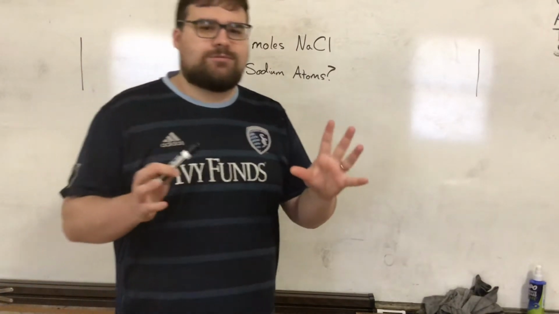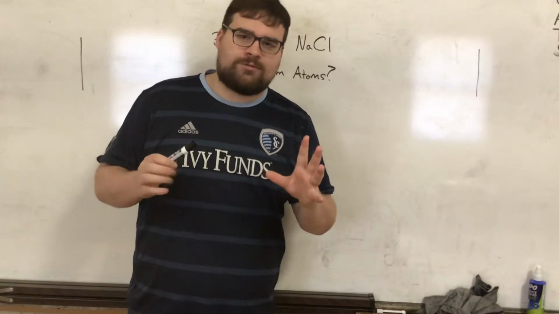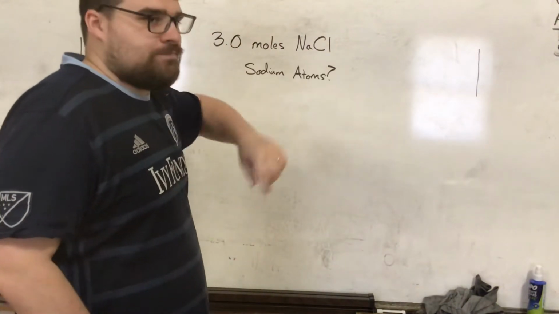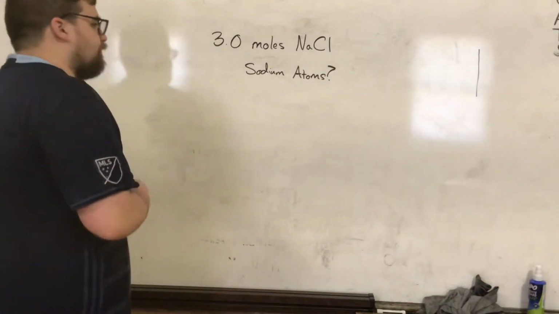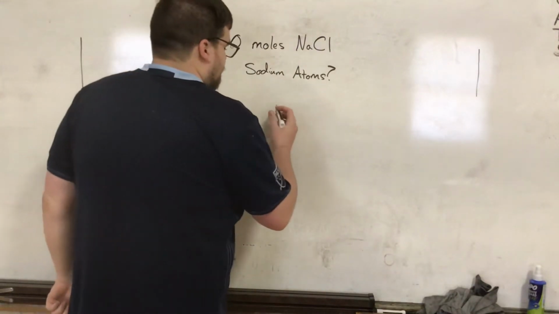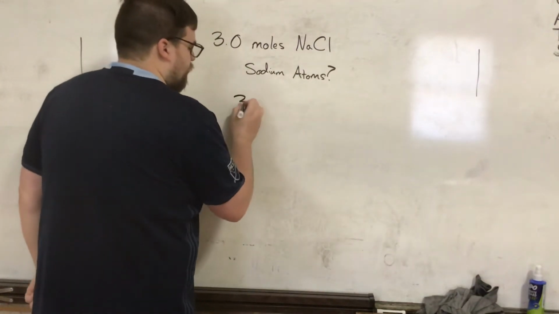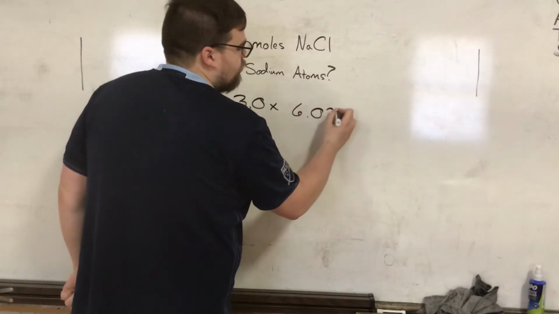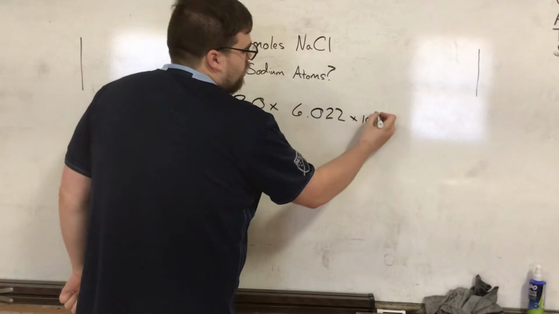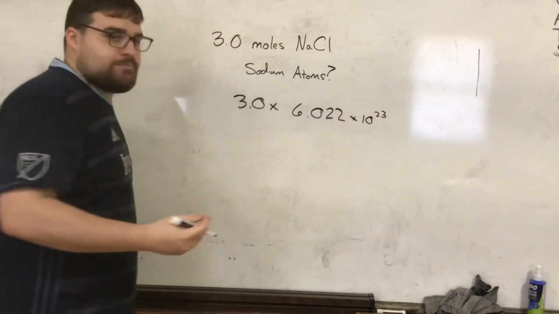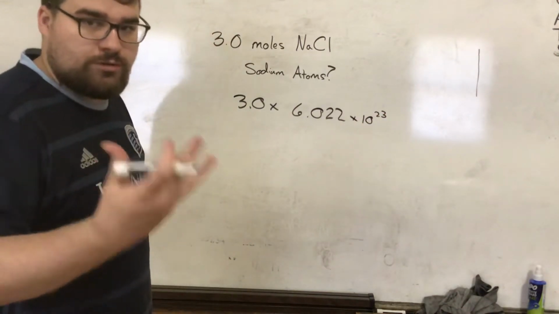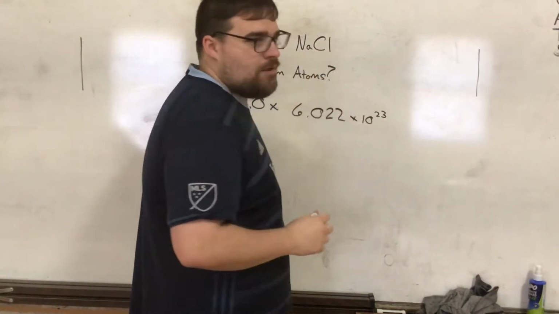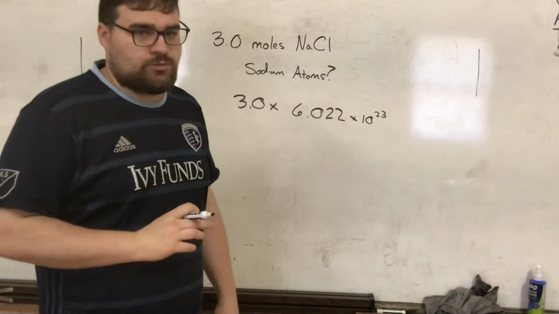So here's the really crazy part. If there's 3 moles of NaCl, a bonded molecule, then that means there are 3.0 times 6.022 times 10 to the 23rd atoms, or molecules here, right? 3 times this number of salt molecules.